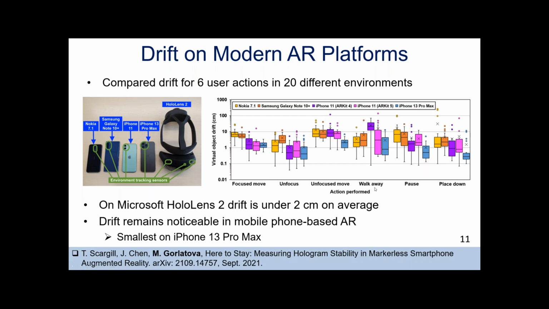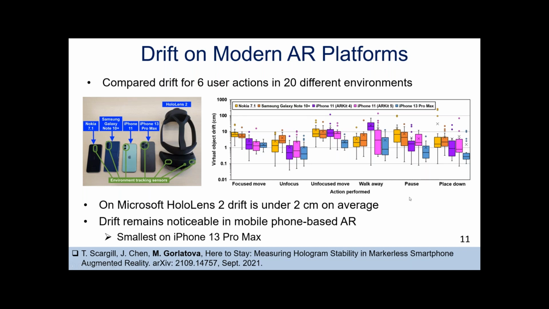Our results are shown on this graph here, where the y-axis is a logarithmic scale drift value encountered for different actions. And this is a busy graph. It shows the drift values that are captured for several platforms that are shown on the screen here.